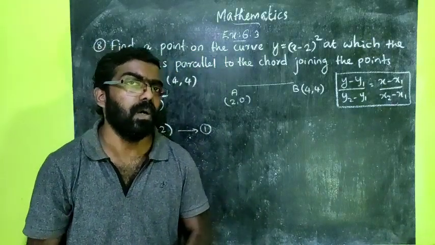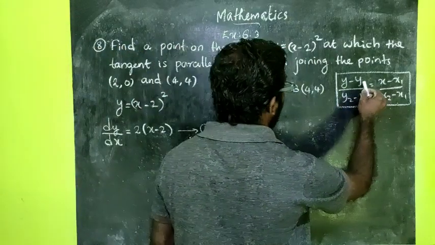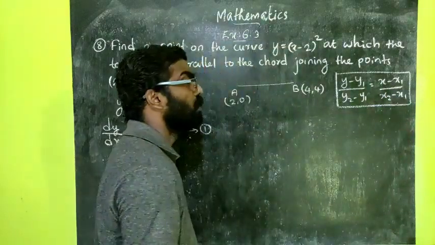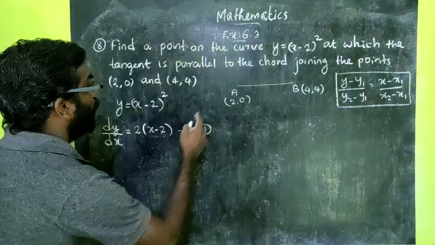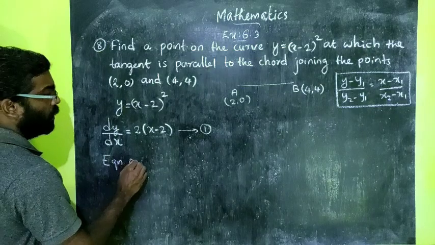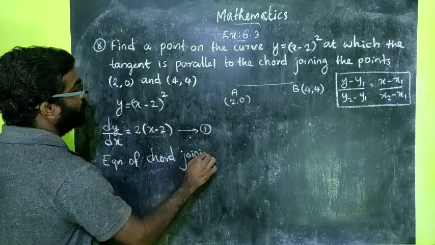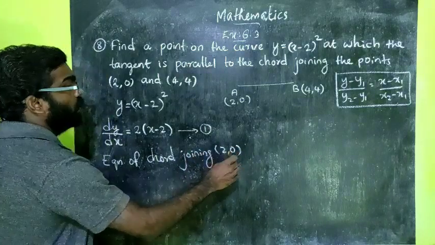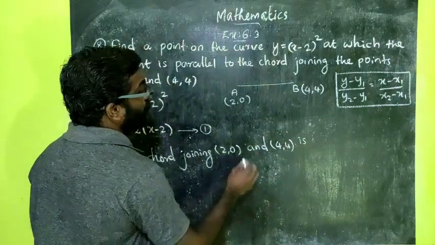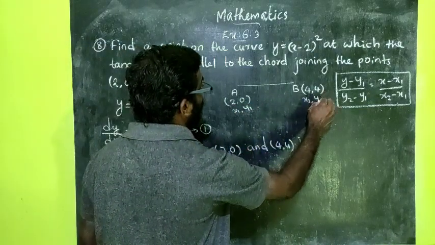Equation of a line passing through 2 given points x1 y1 and x2 y2 is given by y minus y1 by y2 minus y1 equal to x minus x1 by x2 minus x1. So using this result, we can write the equation of AB. That means the equation of chord. So equation of chord joining 2, 0 and 4, 4 is, here the first point can be taken as x1 y1 and the second point x2 y2.